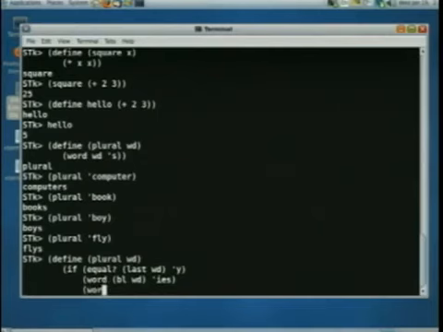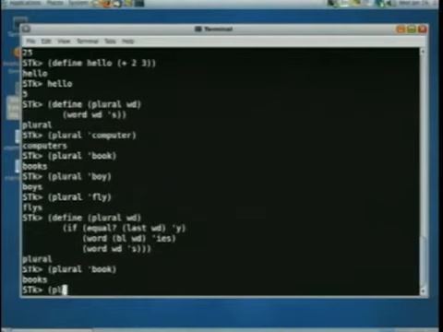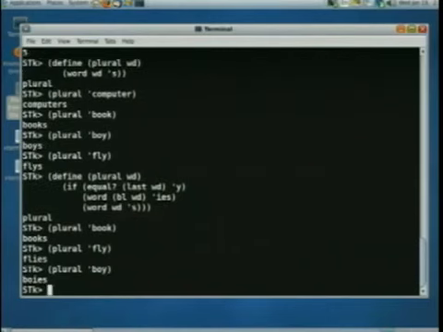Otherwise, same as before, word wd quote S. So book still works. Fly works. But I've broken boy. You're going to fix that in the lab. If is a special form. Yes?